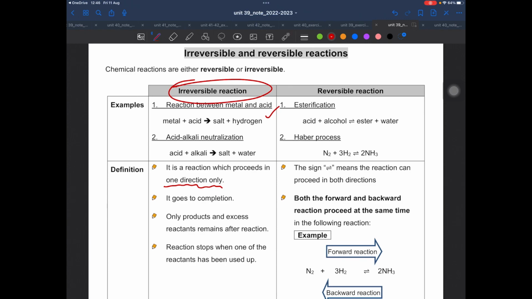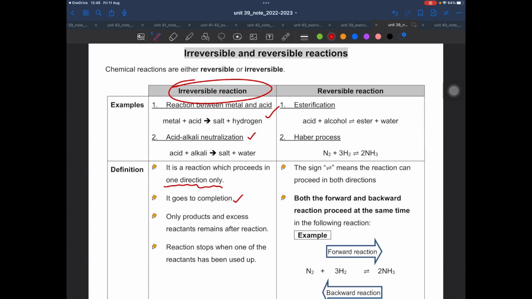What about neutralization? Yes, the product salt and water cannot go back into acid and base. So very good. If you give enough time, they will have complete reaction in case there is no excess reactant.